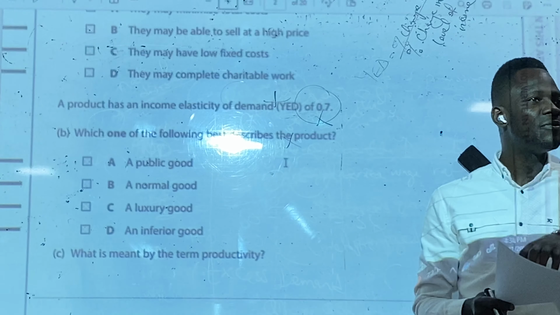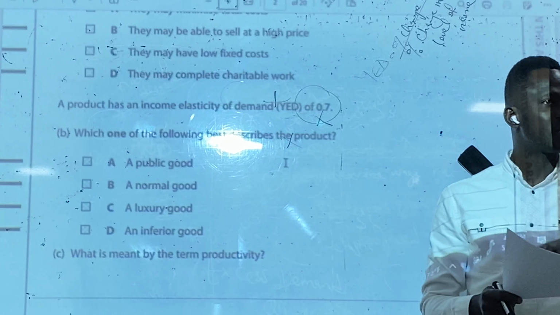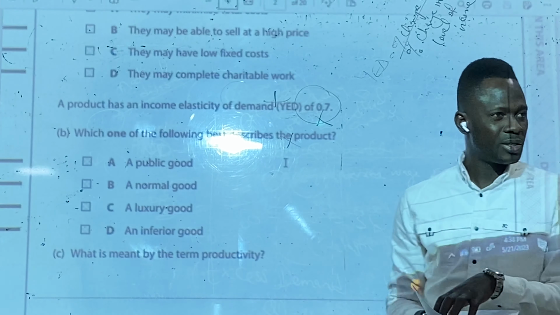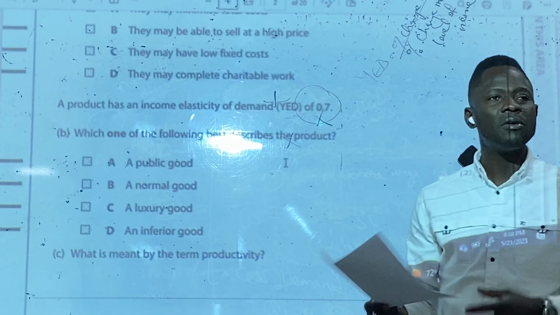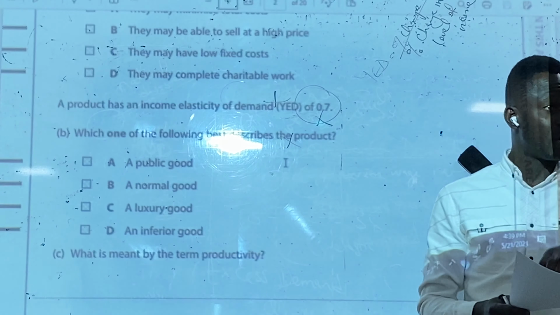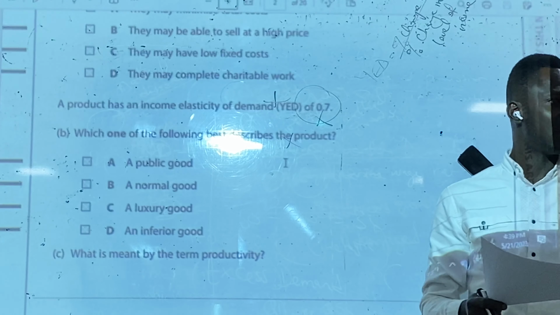Goods that have a negative YED are likely to be inferior goods. Goods that have a positive YED are likely to be normal goods. Normal goods are goods whose consumption increases as the level of income increases. Inferior goods are those goods whose consumption reduces as the level of income increases.